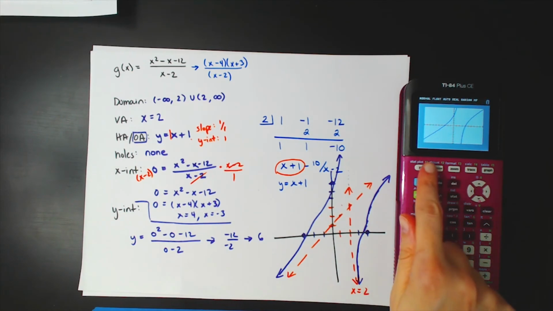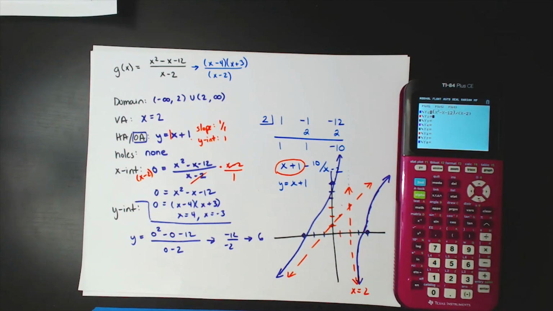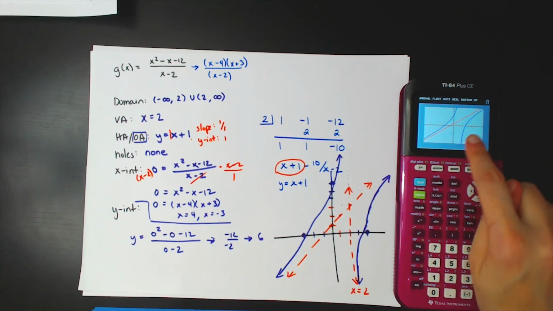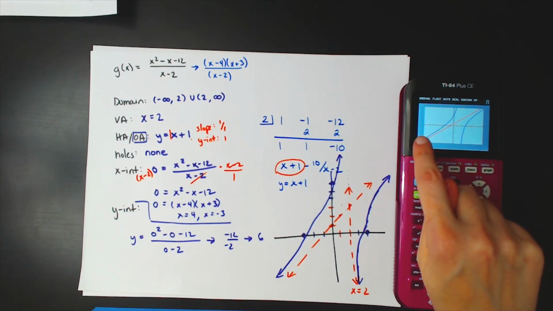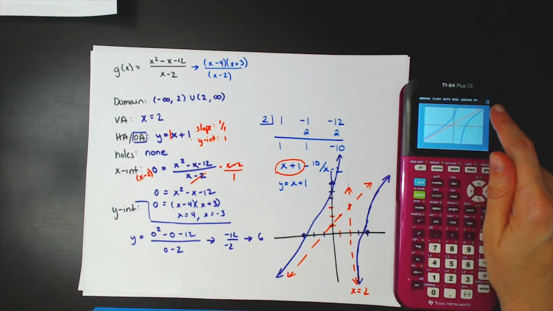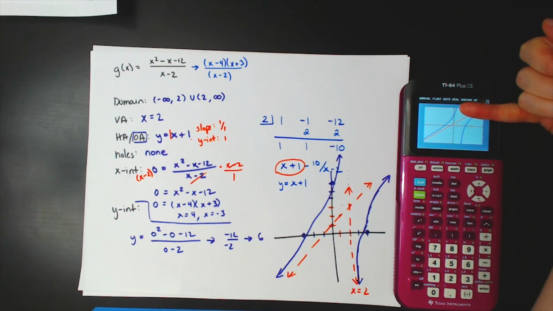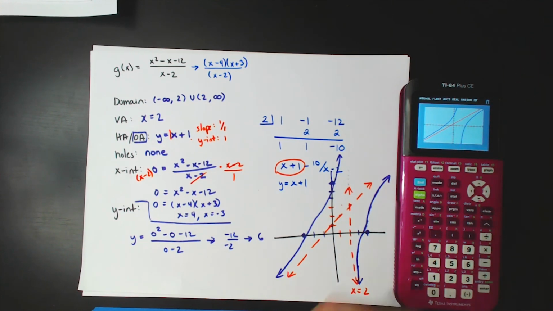The other thing that's kind of cool is you can go to your y equals and go to your y2 and actually type in what your slant asymptote equation is, and you can see that the graph is just kind of hugging that slant asymptote. Down here, when x gets really, really small in the negative direction, it's hugging it, and then as x gets really, really big, it's hugging it. And then you can see at that line x equals 2, we have our vertical asymptote.